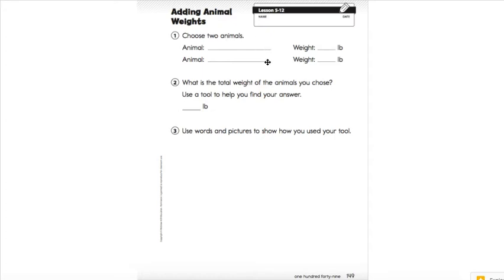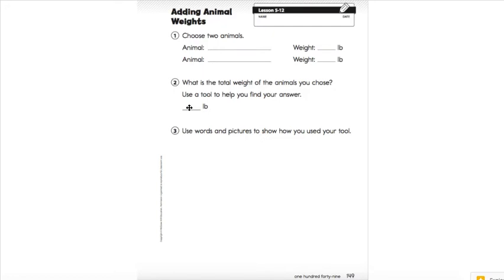Then, after you've picked your animals and their weights, it says, what is the total weight of the animals you chose? So you are going to have to add your two weights together and write the answer here. For this part, you are going to choose a math tool that we have used before. Maybe a number grid or a number line.